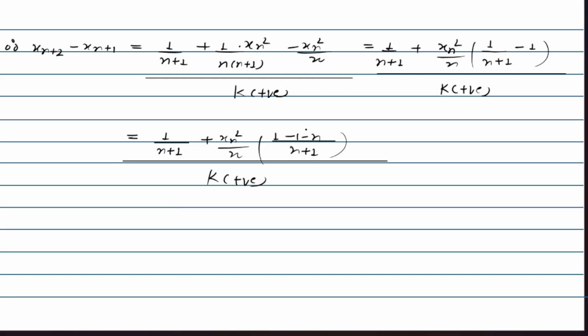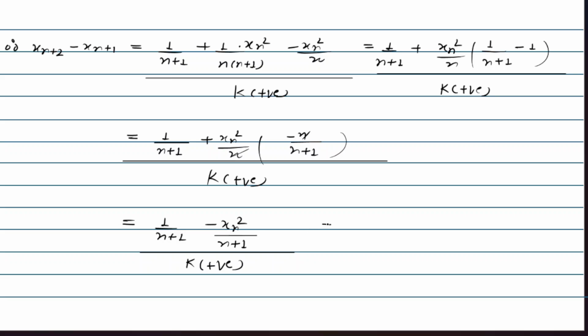So this one goes, so I get 1 upon n plus 1 plus xn square, so these are cancelled out, we will be left with minus n, and minus n goes, so I get minus xn square upon n plus 1, and in the denominator there is a k, which is positive.